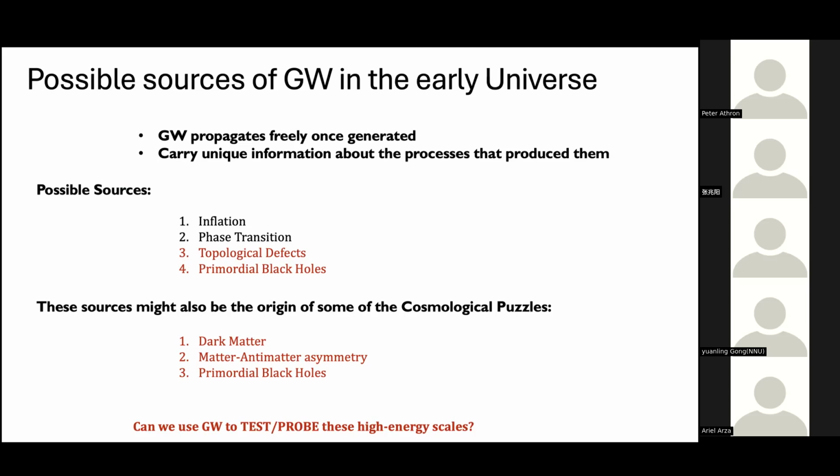They can produce unstable particles that can decay and generate the asymmetry which is present in the universe, or they can themselves produce primordial black holes. The topological defect can collapse and produce primordial black holes, and it can also be produced from a phase transition. So a simple question that one can ask is, can we use gravitational waves to test or probe this high scale physics? And it seems that yes, because they might have a common origin.